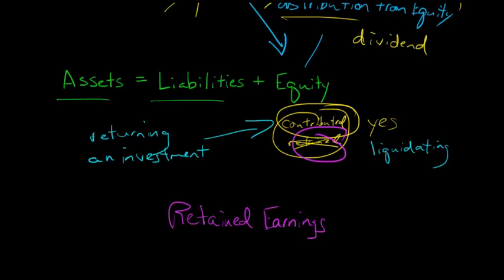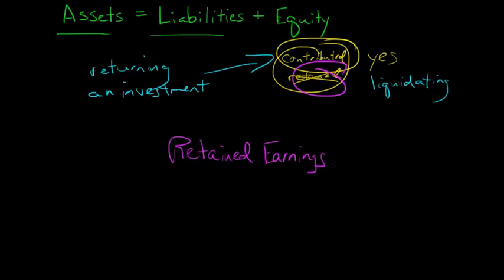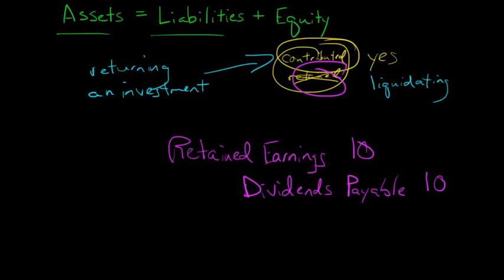Let's say we have a dividend of $10. So we debit retained earnings, and then we're going to have a credit to dividends payable. And then when we go ahead and actually pay out that cash, then we'll just reverse. We'll debit dividends payable, and then we'll credit the cash. But we're debiting retained earnings because retained earnings is decreasing.